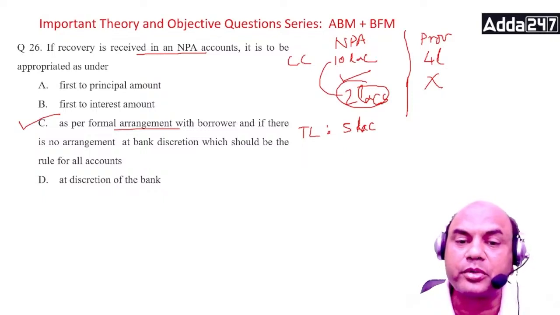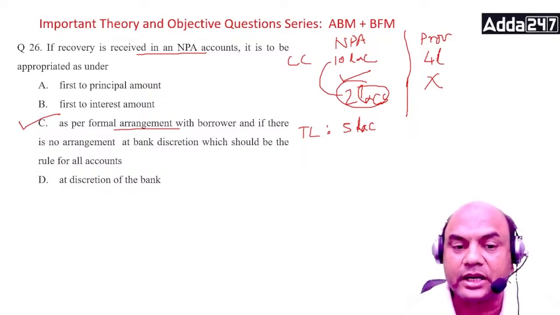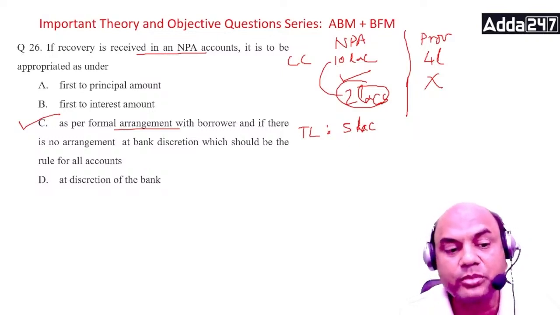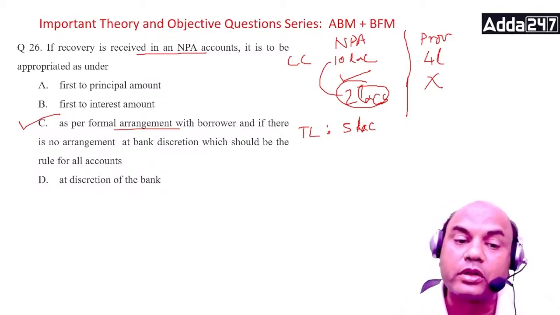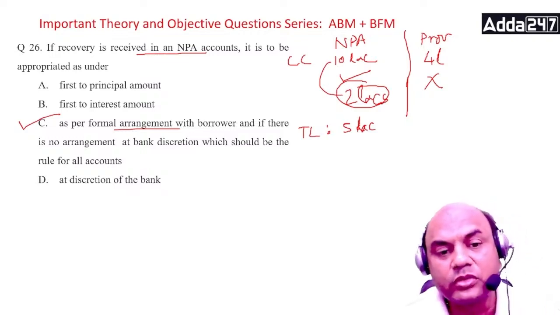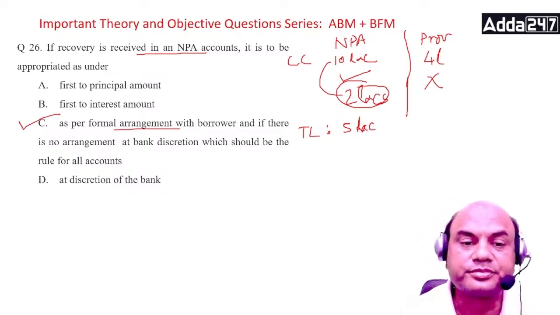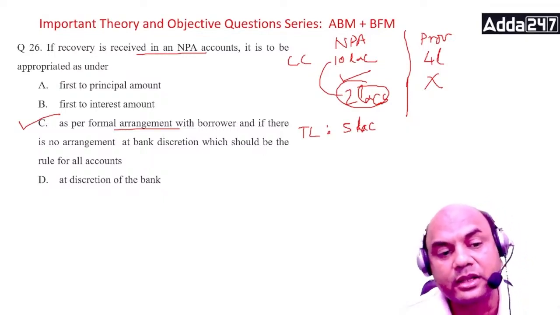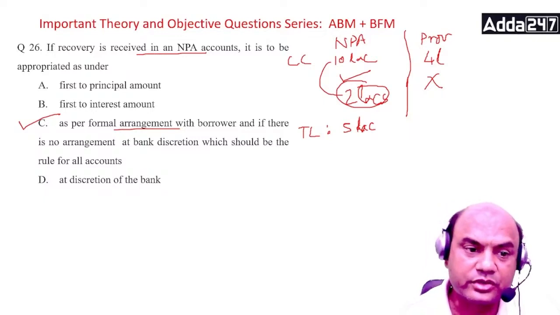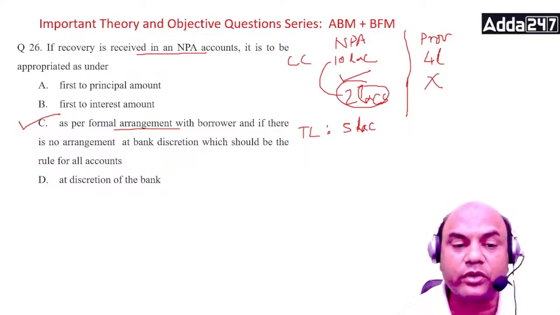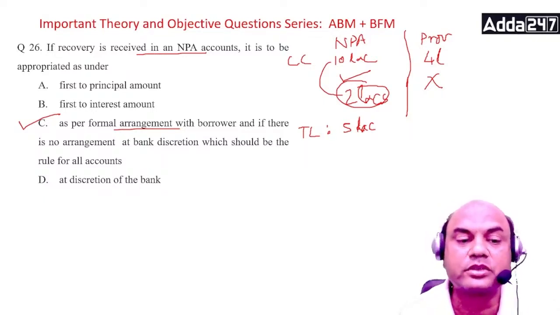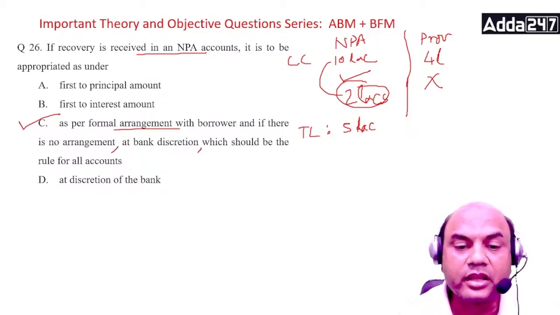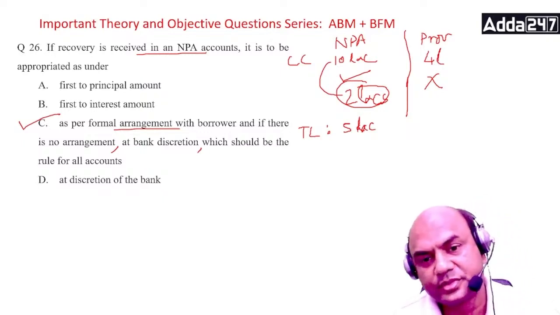So the 2 lakhs is to be put as per the arrangement decided with the borrower, and if there is no arrangement, at the bank's discretion, which should be the rule for all the accounts, meaning whatever we follow for other accounts, the same rule will be followed for this account also. But if there is an arrangement, then we have to follow that arrangement with that customer. Got it? So the answer will be C, as per the formal arrangement with the borrower, and if there is no arrangement, at the bank's discretion, which should be the rule for all the accounts. Got it?